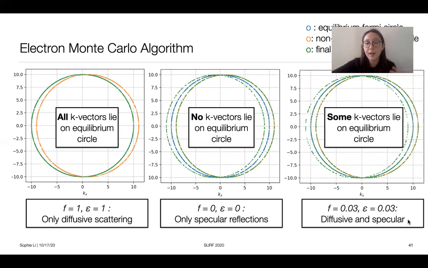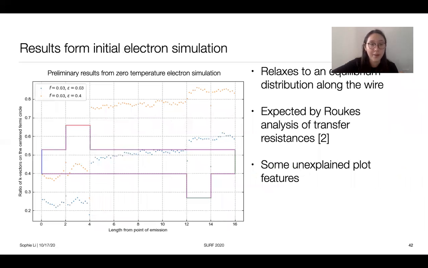We're looking for how many of the k vectors will end up lying on this equilibrium circle, and that's what we've plotted here. So here's the ratio of the k vectors on the centered Fermi circle, and on the x-axis is the distance from the source. And we see that over the course of the boundary, the electron k vector distribution relaxes back to the equilibrium distribution, and this is exactly what Rukas also expected in his analysis.